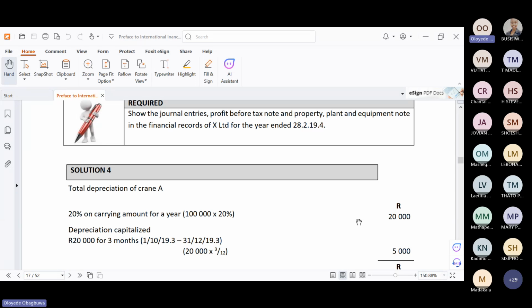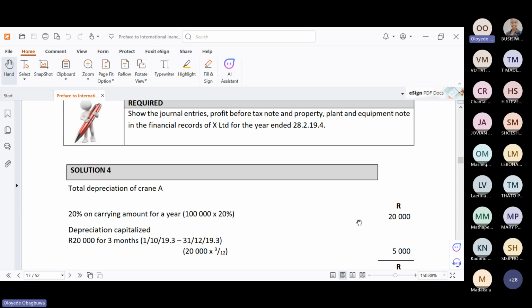Okay, so it's 20,000 for the whole year, which is for 1st of March to 28th of February 2004. But because the crane couldn't work for the entire 12 months, it was withdrawn for 3 months between October and December.